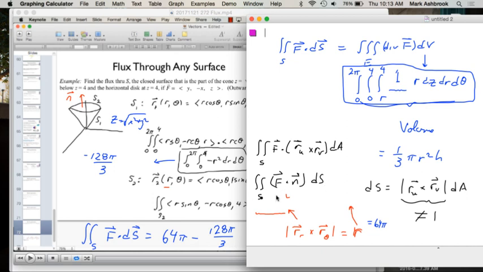But when we were using this before, I was always saying that dS was dA. This top circular disk was one example where this thing does not equal 1, it actually equals r. So I had to include that r in the integral. That was a mistake that I made when we did it in recitation.